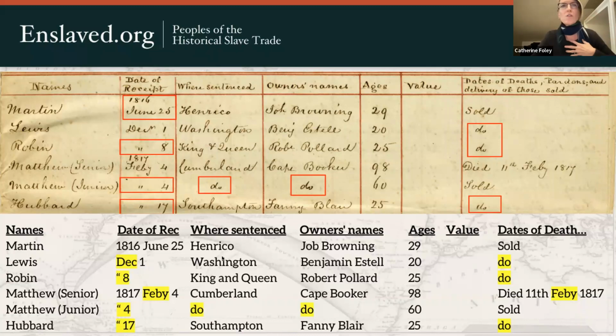Another part we miss is under Matthew Jr. We lose information because of this shorthand, DO, which is a ditto. If you don't have the information from the line above it, then you've absolutely lost the content of the document and information about this individual.